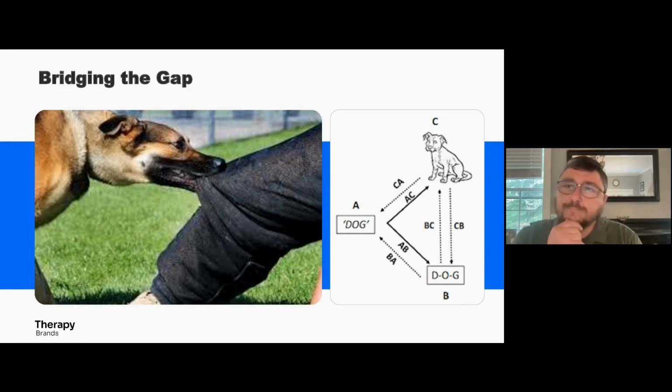So if we go back to the original scenario with the dog bite, the feeling of fear becomes a part of your concept of a dog. So, using the RFT language, the relational network or concept. So the fear response becomes a part of your concept of a dog.